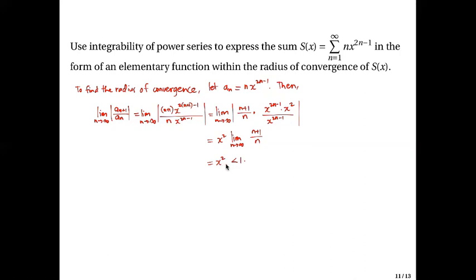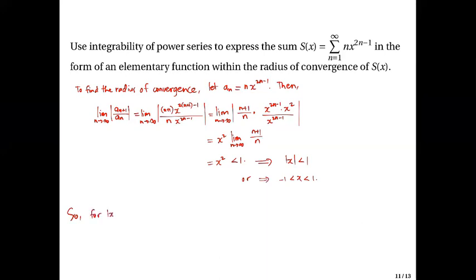This means we can have the absolute value of x less than 1. You can solve this, and what you will get is that x is greater than negative 1 but less than 1.